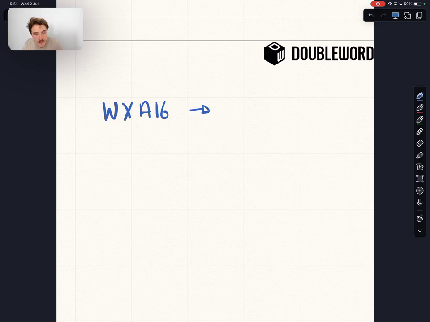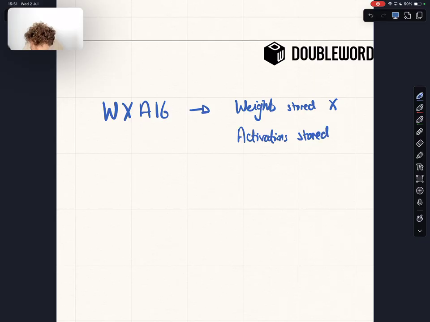What this means is that the weights are stored using X bits, and I'll get into some examples in a second, but the computation or the activations are stored in 16-bit, so they're in the standard format. One way you'll often see this described is weight-only quantization, insofar as only the weights are quantized.